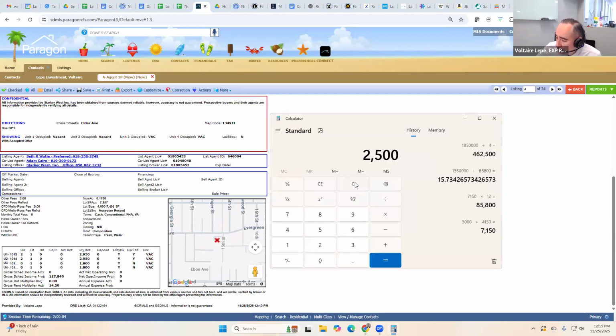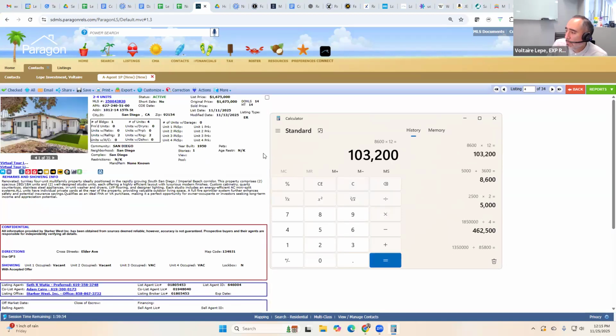So I'm gonna do 2,500 times two plus 3,600 for the two studios. So that's 8,600 bucks a month times 12. So that's 103,200, right? That's gross annual income, also known as GSI, gross scheduled income. That's what commercial agents or investors would say.